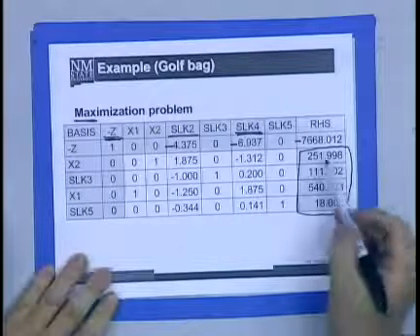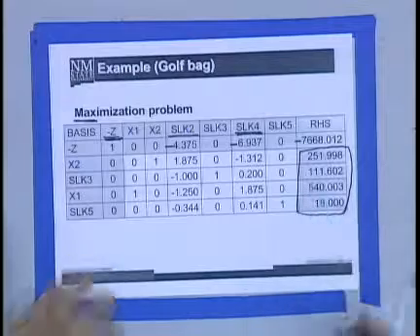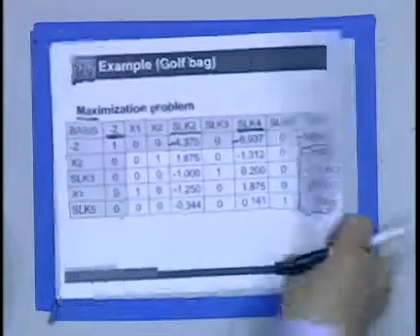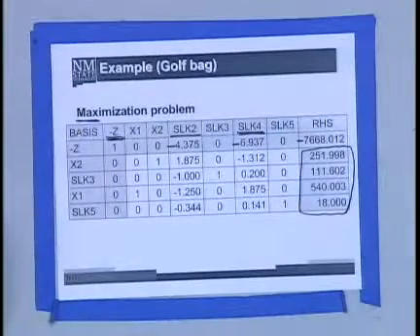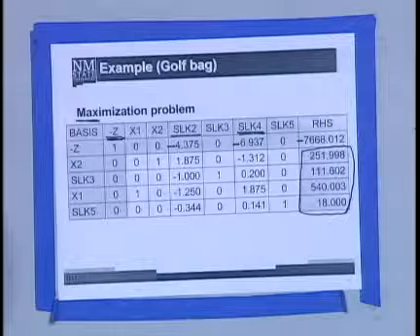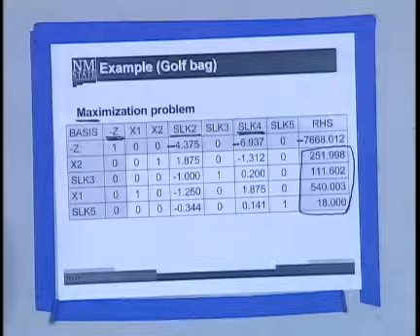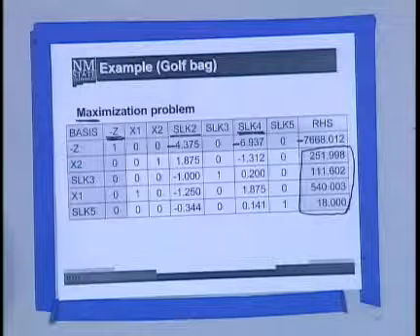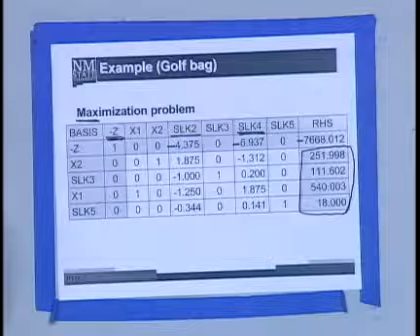Because all the basic variables have positive values. And because we know this is an optimal Tableau, next you need to decide if it has an infinite number of optimal solutions or exactly one optimal solution.